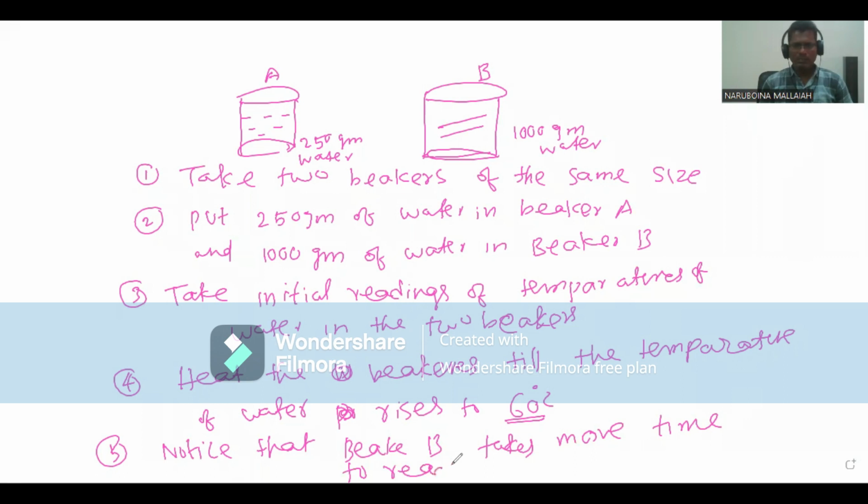Here beaker means water. Water present in beaker B takes much time to reach 60 degrees centigrade.